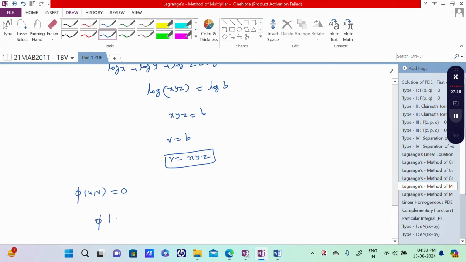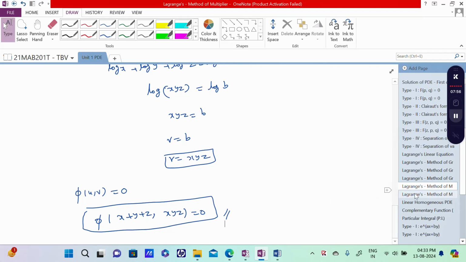Therefore phi of u, where u is nothing but xyz, then xyz equal to 0. So this is one of the problems using the method of multipliers.